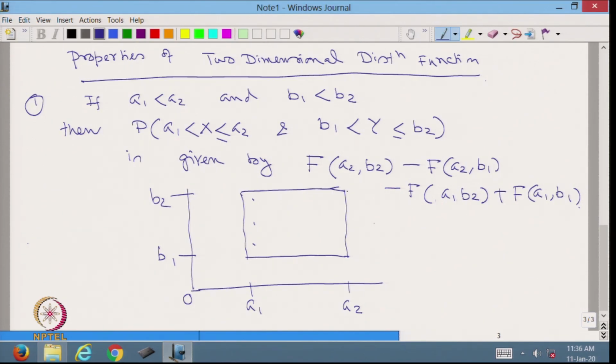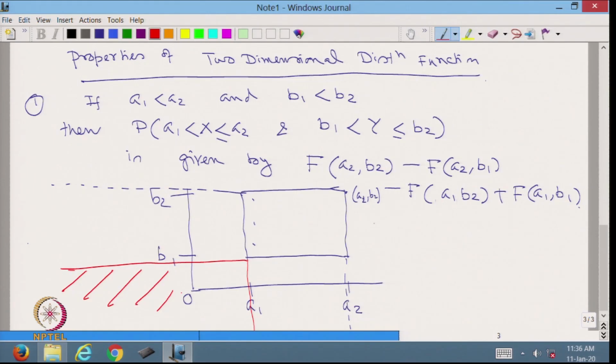On the other hand, if this is A2, B2, then the entire area below this is going to give the probability that x less than or equal to A2, y less than or equal to B2. On the other hand, this region is going to give us the probability that x less than or equal to A1 and y less than or equal to B1.